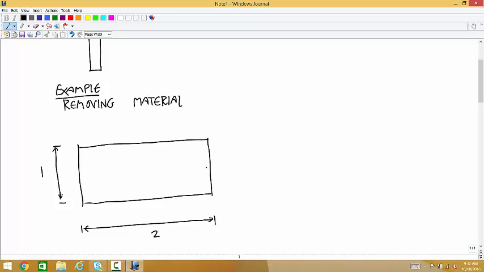And let's say that we remove a circle from that rectangle. So this is air, nothing.